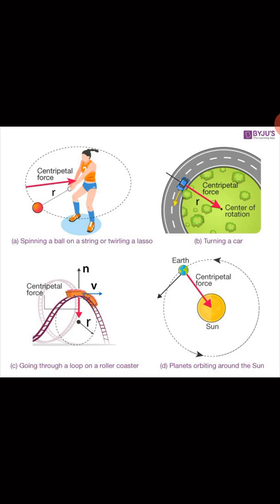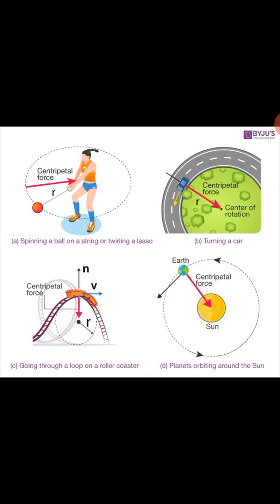In the second image, the car is taking a turn. The car is able to take a smooth turn around a circular road only because of the centripetal force which is acting towards the center of rotation, shown with the red arrow.